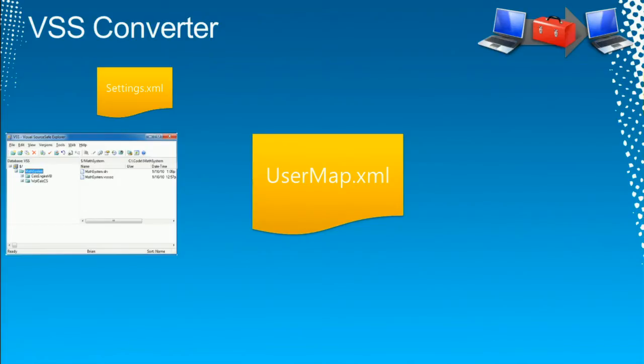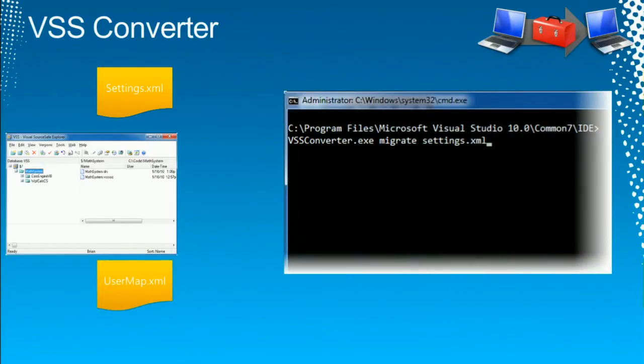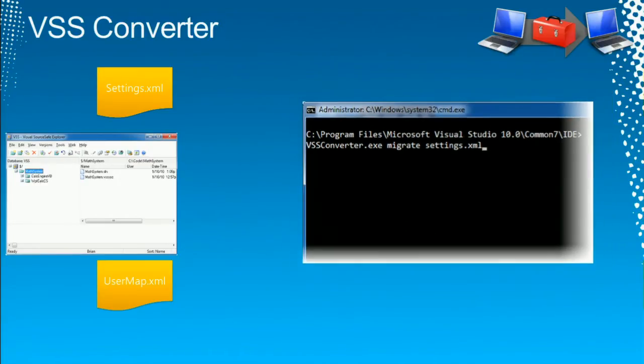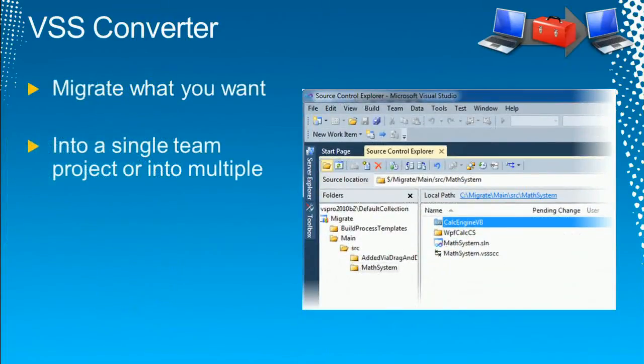So we've got a user map which allows you to configure usernames and how those usernames will translate to users in TFS, and what you want to do if it's a user that doesn't exist. So you define those two files, you pass them to the VSS converter command line tool, you let it jiggle a little bit, and process, and then it's imported in.